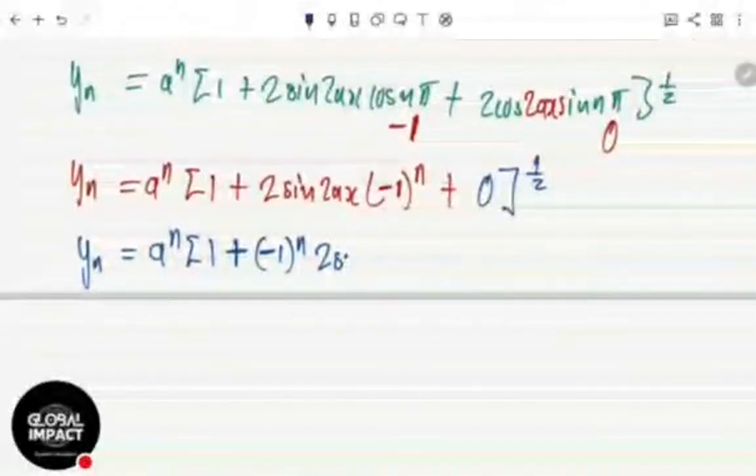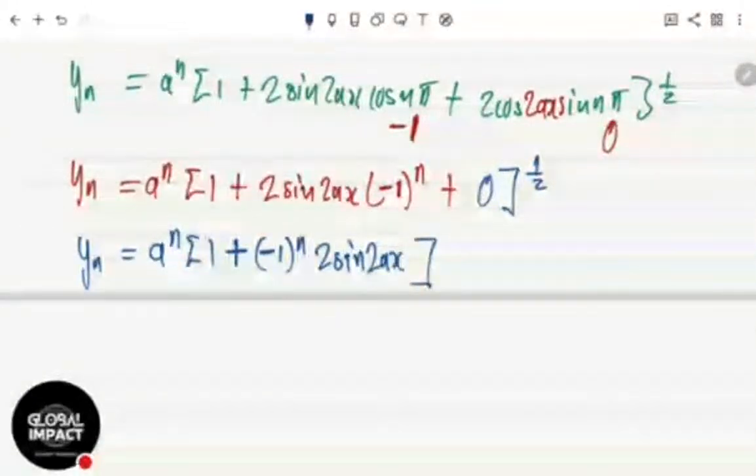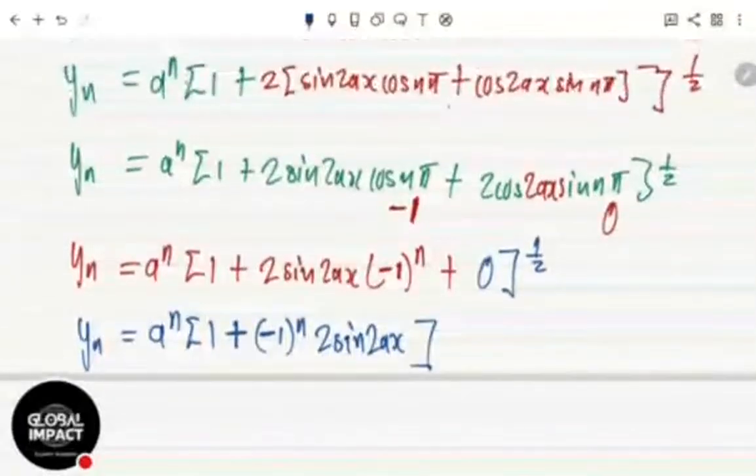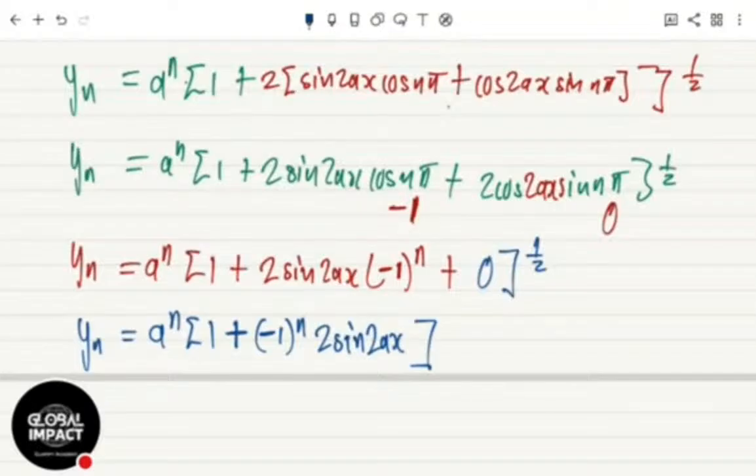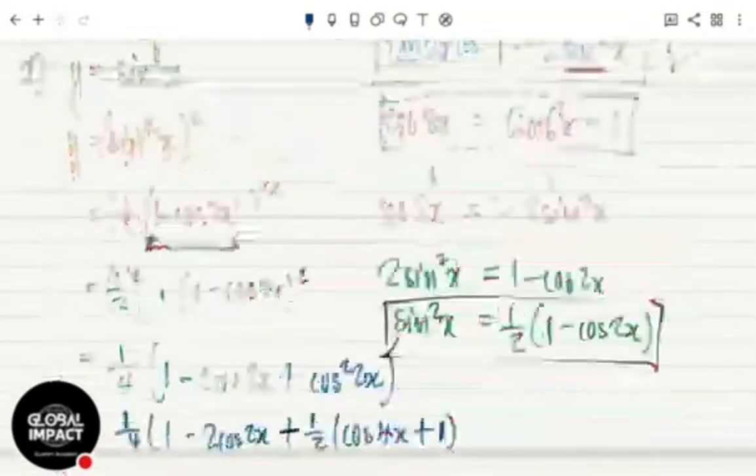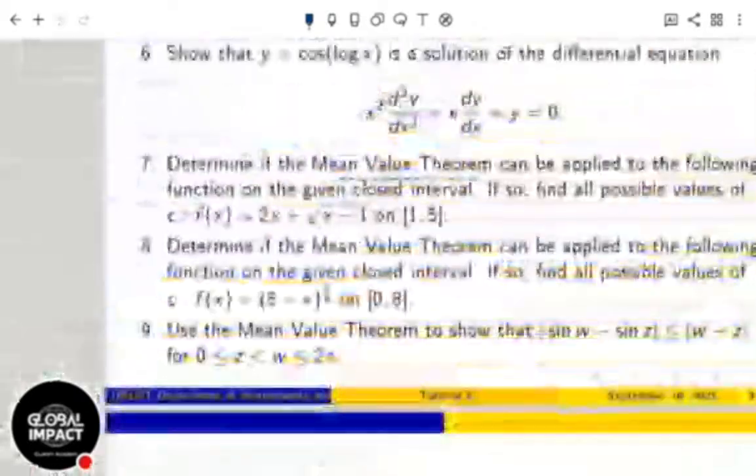You would have it as your sine 2ax. And this is going to be plus 0. So you'd have your nth derivative something like this. This is going to be it, and you have your solution. Okay? This is going to be it. Do I have another question on this nth derivative?